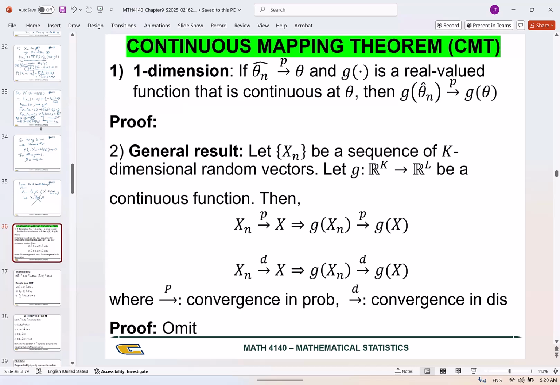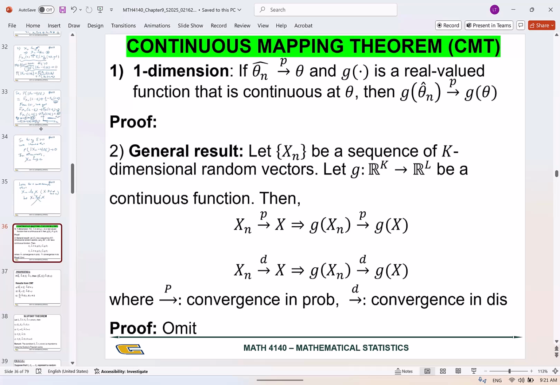But sometimes you don't just look at that statistic; you need to apply a function G, a transformation, to it. If G is a real-valued function that is continuous at theta, the continuous mapping theorem tells you that G of theta n hat also converges in probability to G of theta.